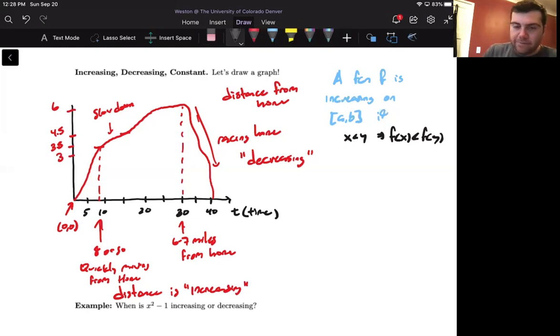So meaning if we plug in a value that's smaller than another value, then that function value should be smaller than the other function value. And we can think about what this meant on our graph, where if we plugged in 5 minutes, we got about 3.5. And then when we plug in 10 minutes, we're up at 4.5. So our function values are greater.